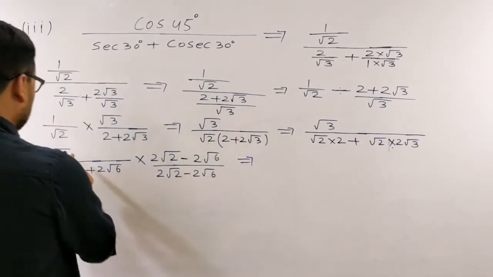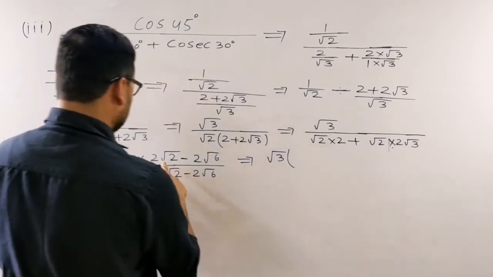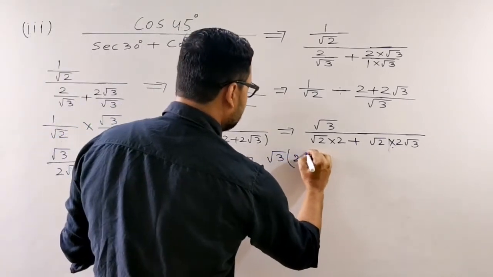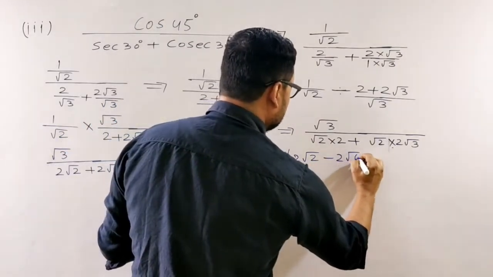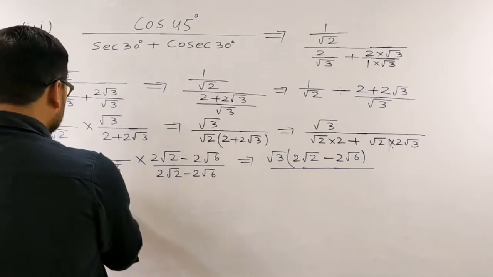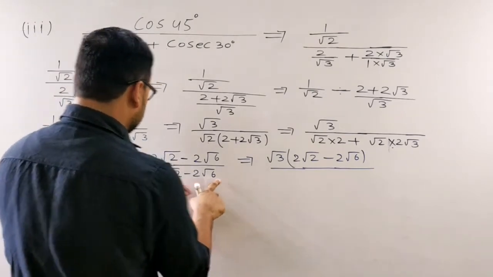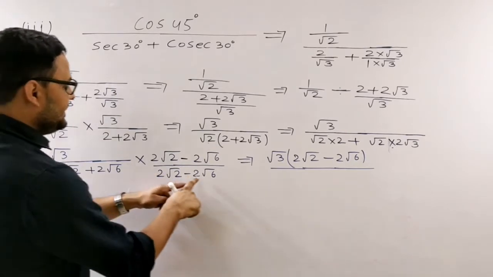Next step. Now this into this. It means root 3 into 2 root 2 minus 2 root 6, divide A plus B, A minus B. If you check it out, 2 root 2, 2 root 2, 2 root 6, 2 root 6.